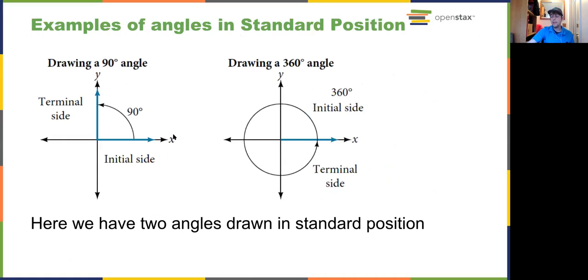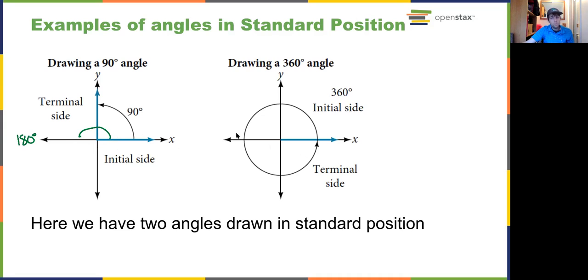So here are some angles. We have a 90-degree angle. Pretty straightforward. It's right on the y-axis there, 90 degrees. Our initial side, terminal side, vertex on the origin. In geometry, generally, we kept all of our angles between 0 degrees and 180 degrees, right? We didn't really deal with angles greater than here, which would be 180, right?